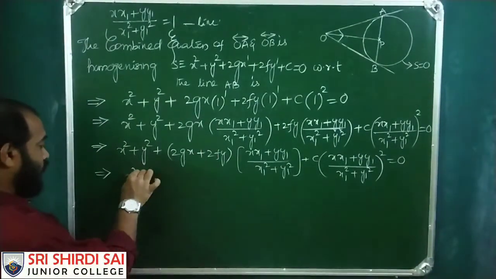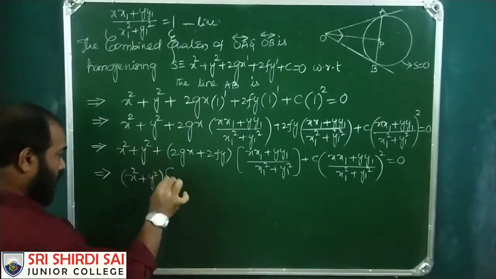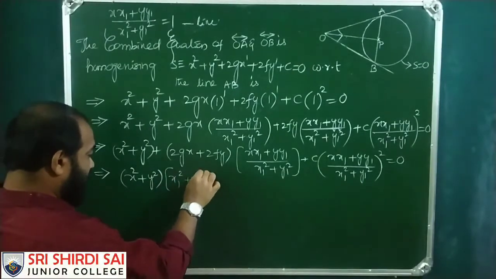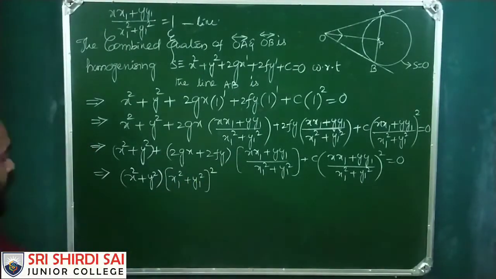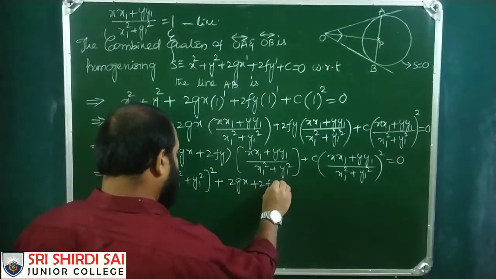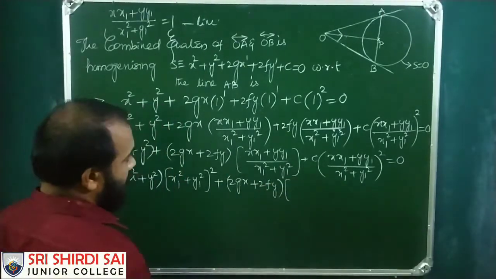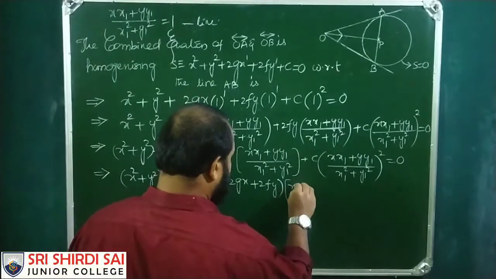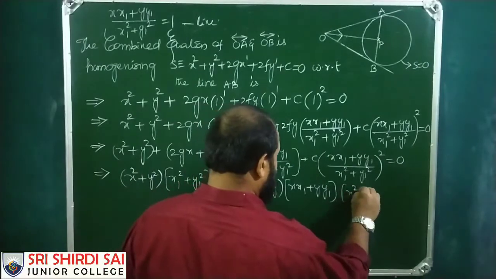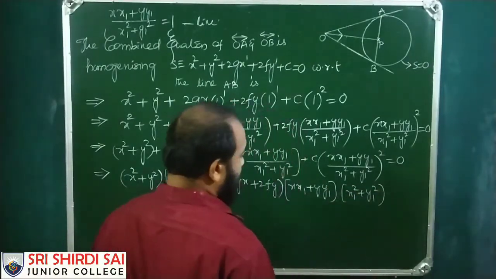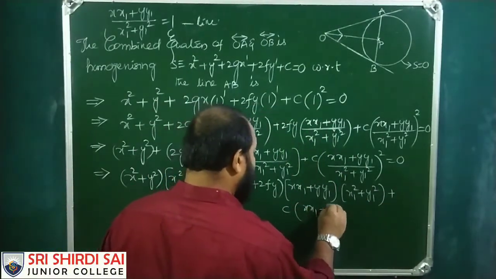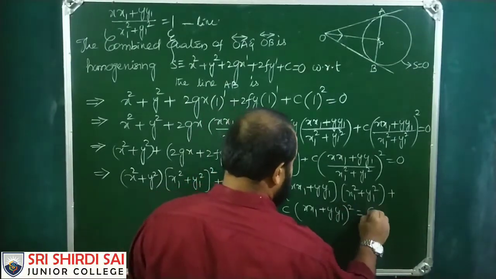So x square plus y square into x1 square plus y1 square whole square, plus 2gx plus 2fy into xx1 plus yy1 into x1 square plus y1 square, plus c into xx1 plus yy1 whole square equals 0.